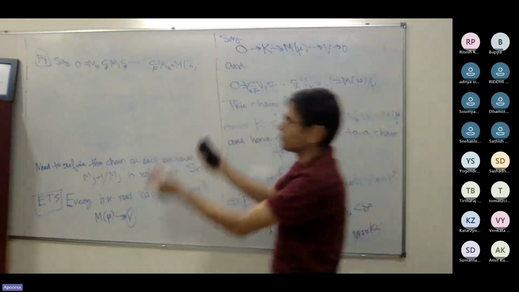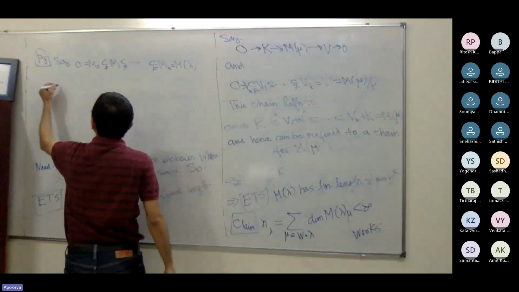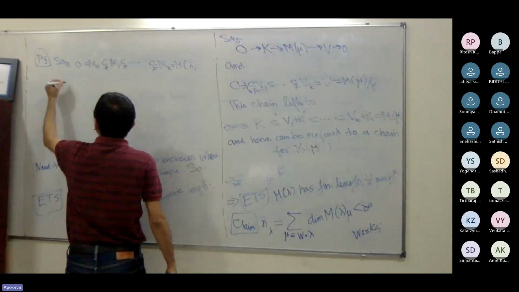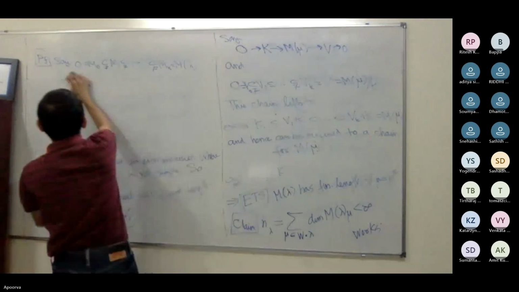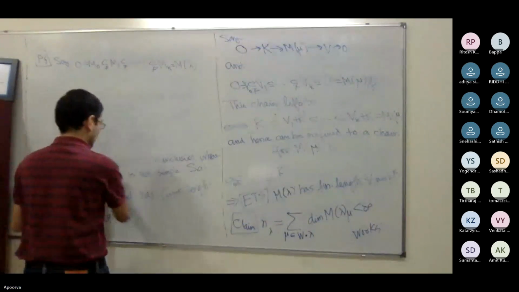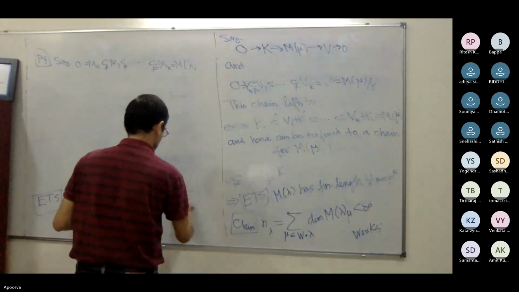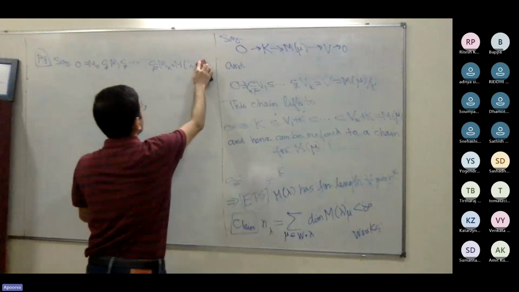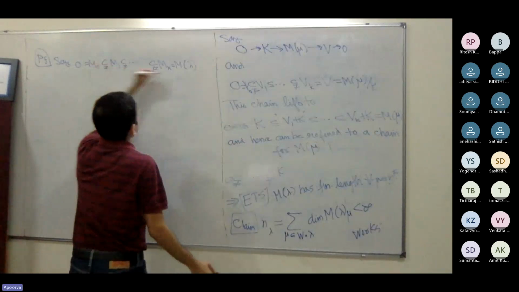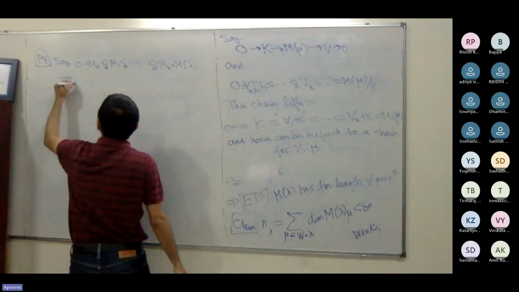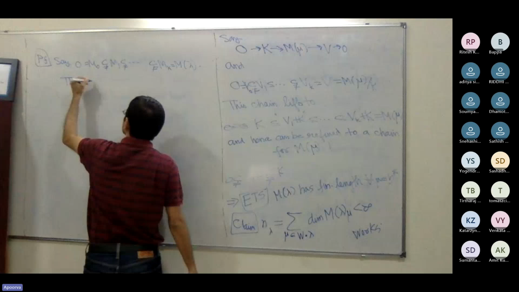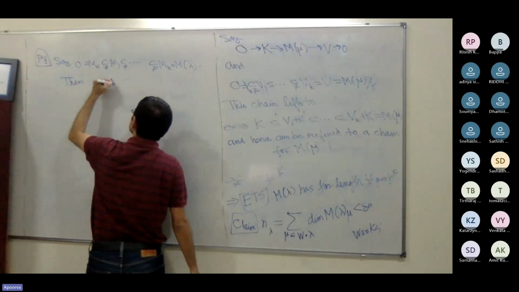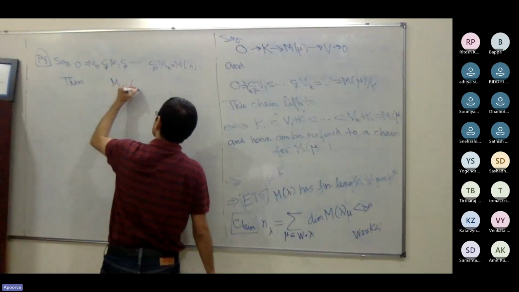Take a particular subquotient. Then let's look at M_{j+1} mod M_j.